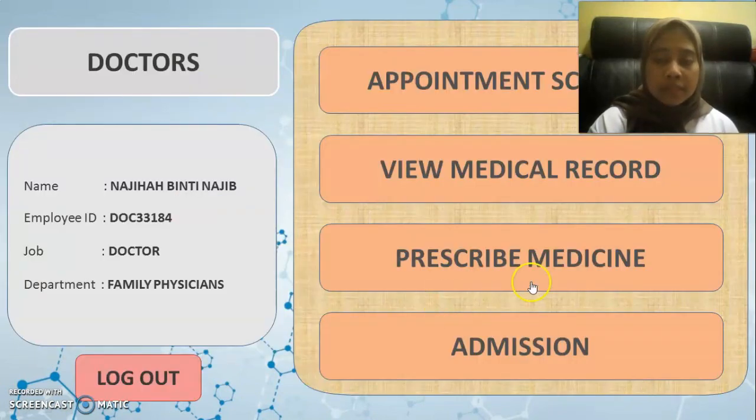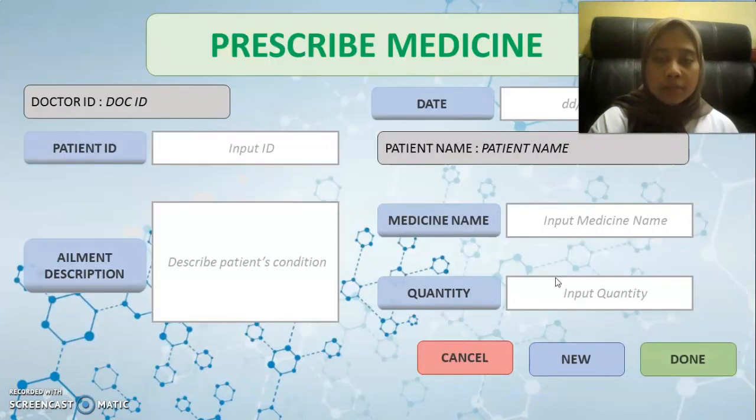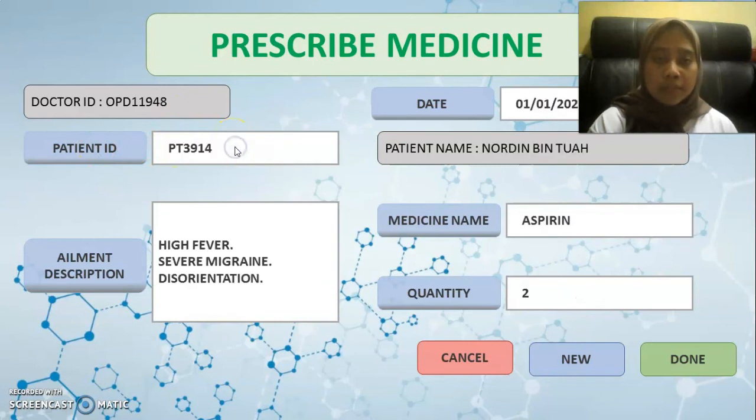Okay, for prescription medicine, I will click here now. After the patient gets treatment from this doctor, the doctor needs to fill in this form for the patient. Now I will put the patient ID first.